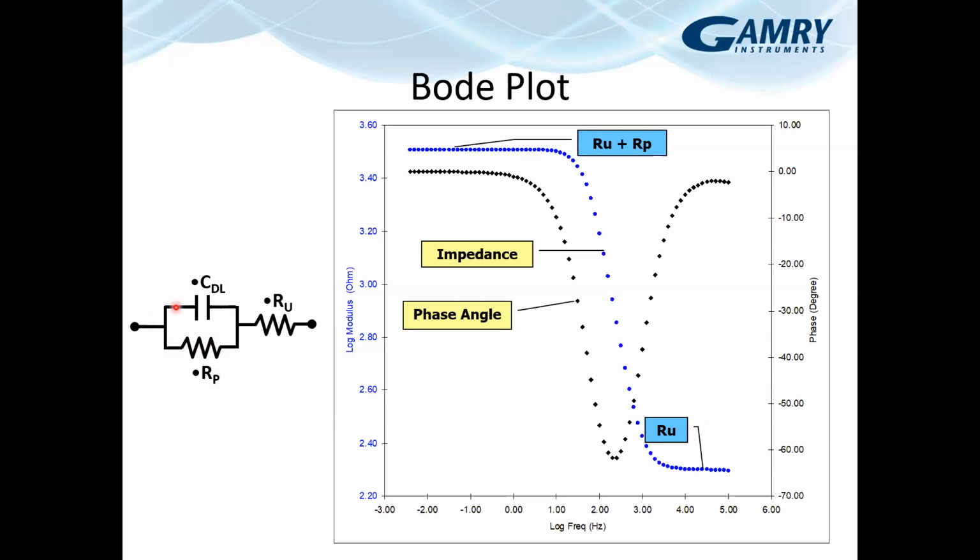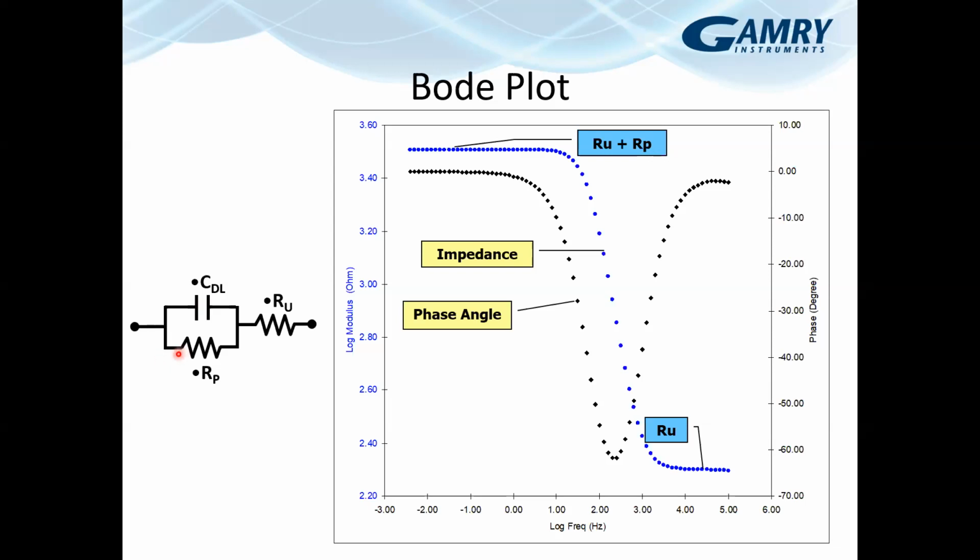So as we go to lower and lower frequency, at some point this double layer capacitor has greater impedance than the polarization resistor we have down here. So most to all of the current starts dividing and going across RP. So when we get down to very low frequencies, none of it goes across the capacitor, which is effectively an open lead at very low frequencies.